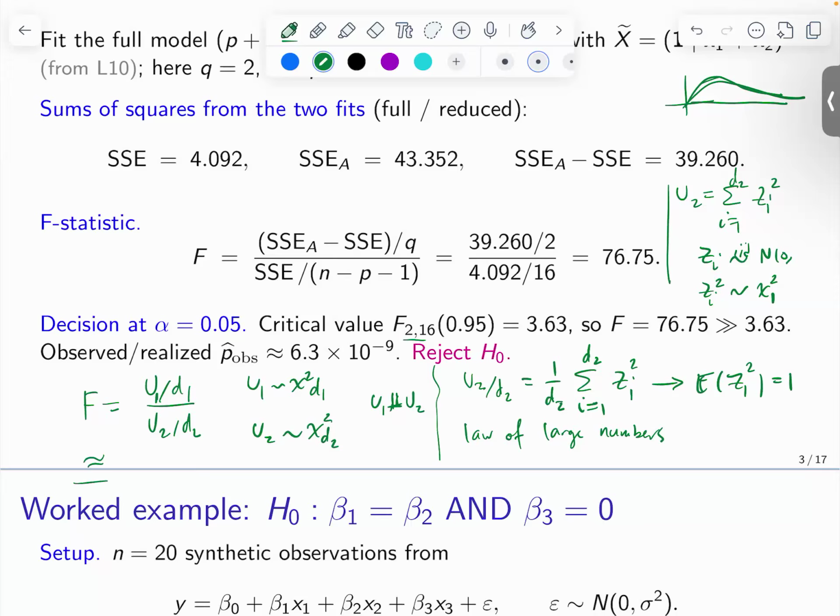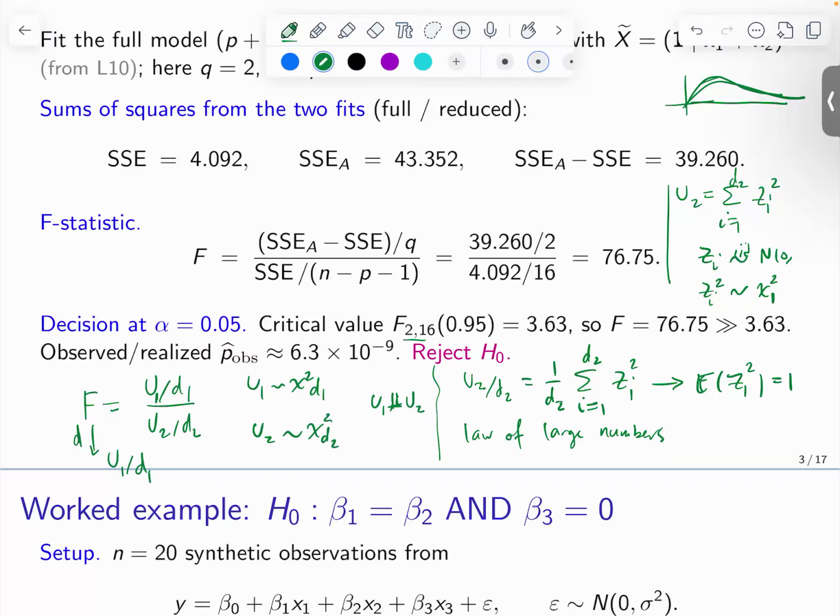So for very large D2, as D2 goes to infinity, in distribution, or in a more advanced course you see, this converges to U1 divided by D1. So it behaves like the numerator only, because the denominator just stabilizes at 1. And so it's like a chi-square divided by D1.